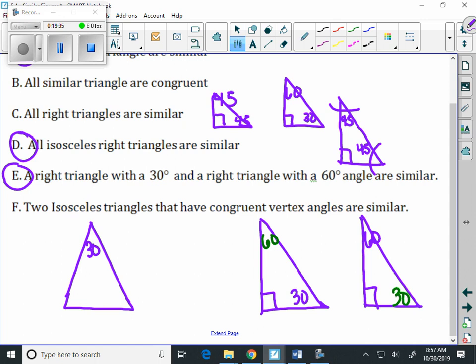If there are congruent vertex angles, my picture's terrible there, but we know with isosceles that we've got 2 congruent sides, and therefore that makes these angles the same. So if they have congruent vertex angles, yes, they are still similar.